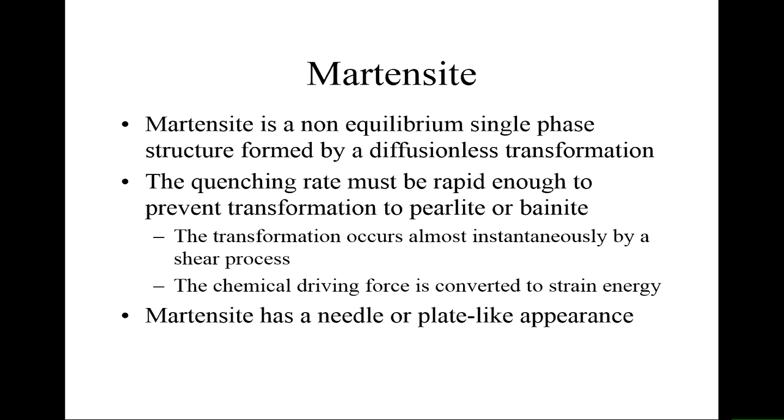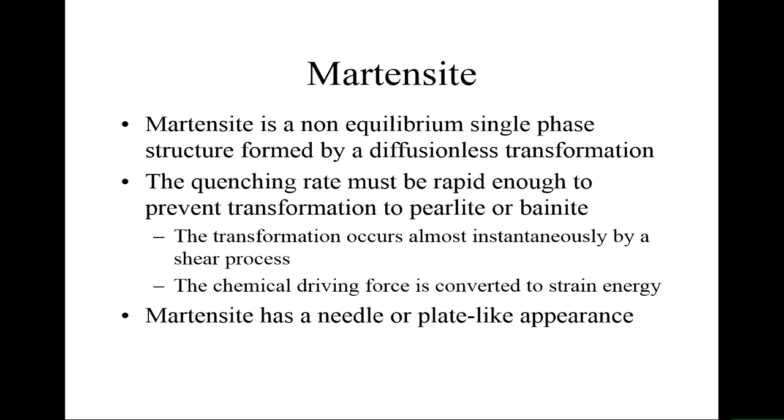And what's happening is, as you cool the material down quickly, it hasn't got time for these diffusion reactions to take place. So it hasn't got time to make equilibrium microstructures. And the energy that would normally drive the phase transformation goes into mechanical energy to drive this diffusionless transformation.